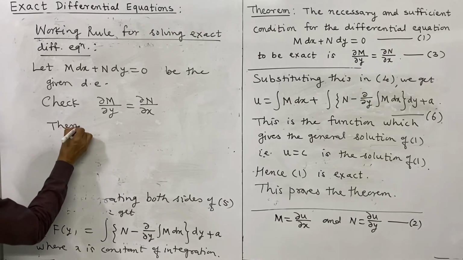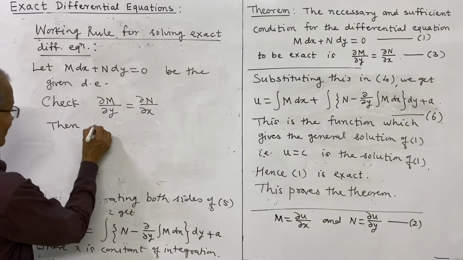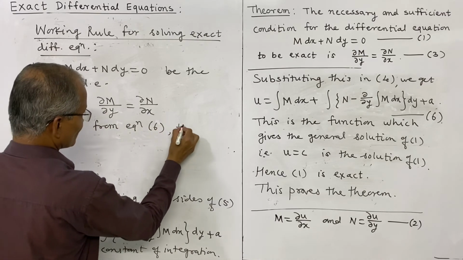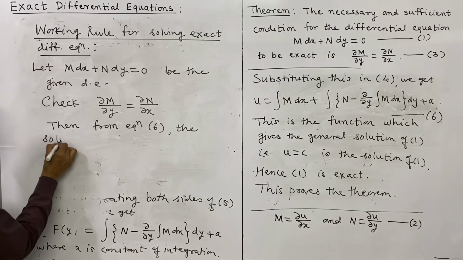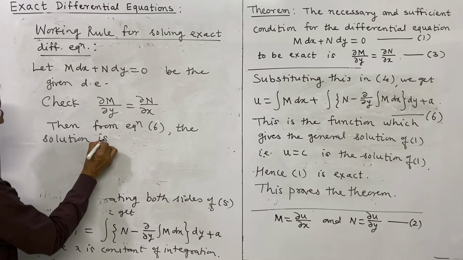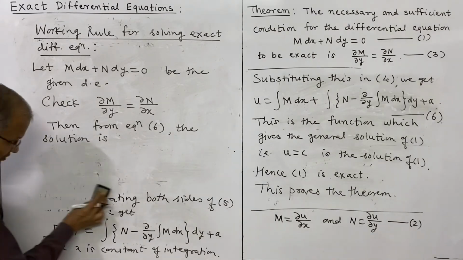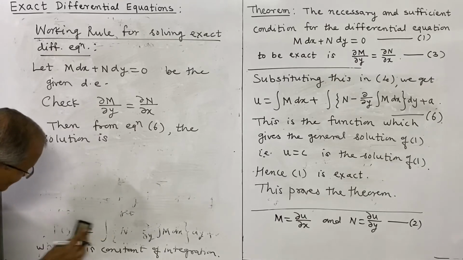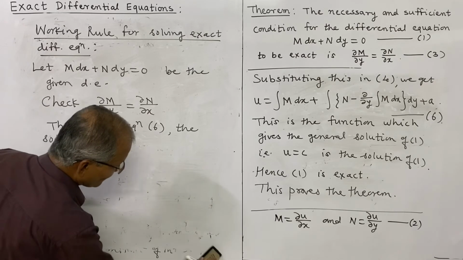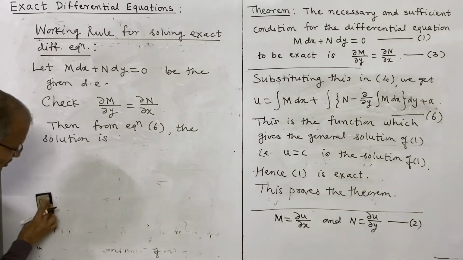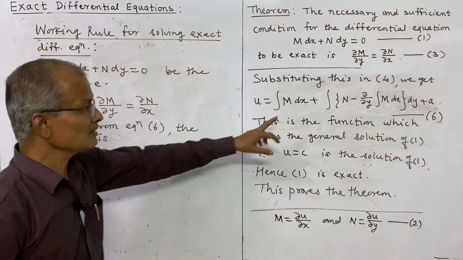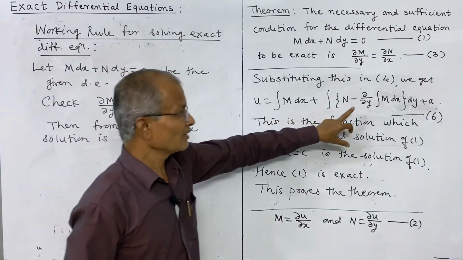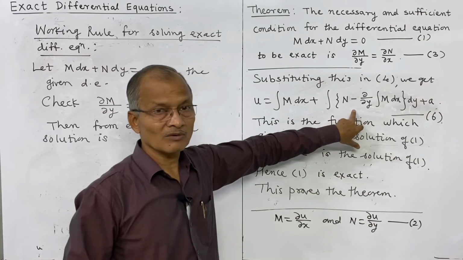Then from equation 6, the solution is u is equal to constant. But what is u? See, u is integral m dx, and we should note that in this integral of m dx, we have treated y as constant, and this is the term of n which are free from x.